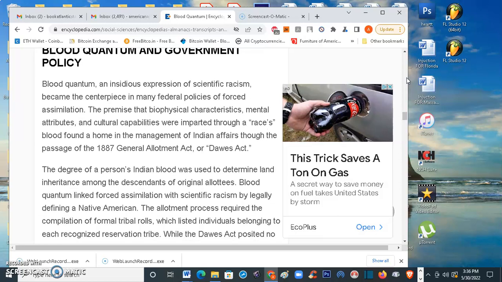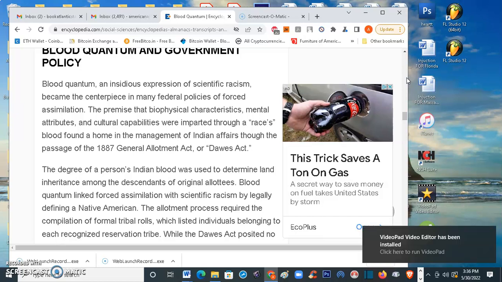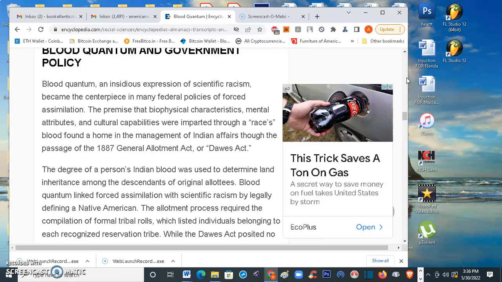What they say you need to get under for you to be accepted as an Indian, the Dawes rules, right? It's all eugenicist, people. The degree of a person's Indian blood was used to determine land inheritance among the descendants of original allottees. A lot of these people who got these lands are not the original people. They stole your land through hypergenocide and this blood quantum.